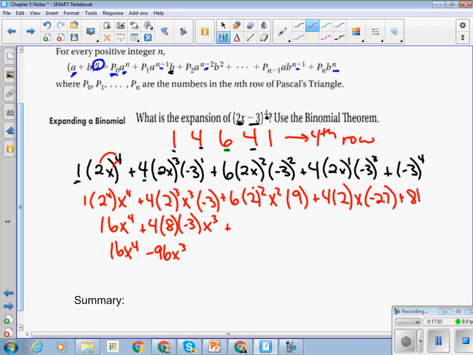So I just multiplied these together to get negative 96. Then 6, and 2 to the 2nd power is 4. I'm going to move the 9 over so he's hanging out with just his number buddies. So 6 times 4 is 24, times 9 is 216.